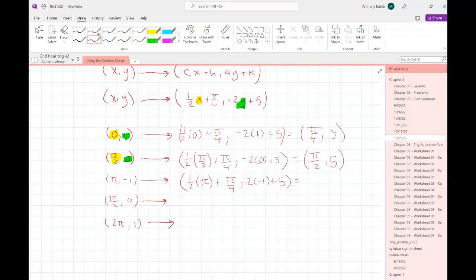Is it not in there right now? Okay, I'll get it in just a second. My apologies. Let me do that right now while I'm thinking about it.